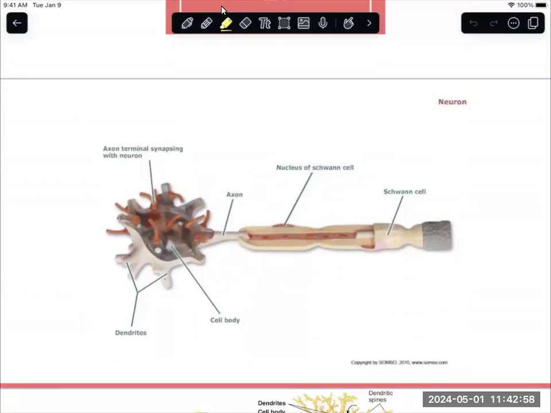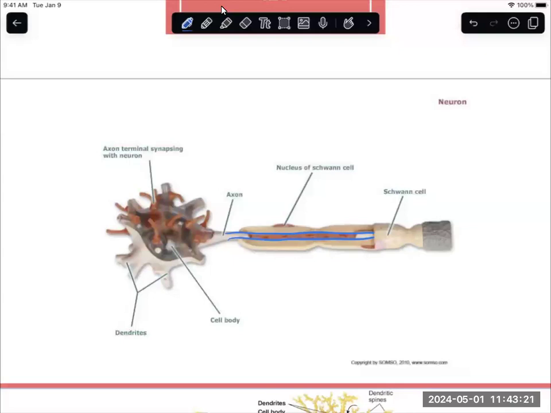On this lab sheet here, the axon of a nerve is actually going to be this whole long portion throughout here. The axon is what takes information and sends it down to the next cell.